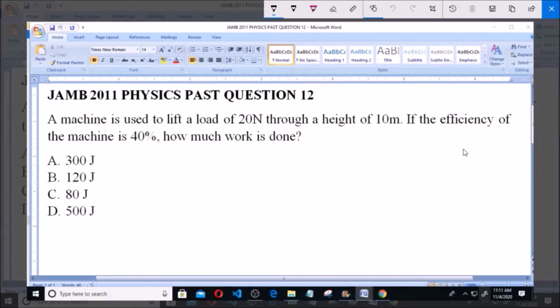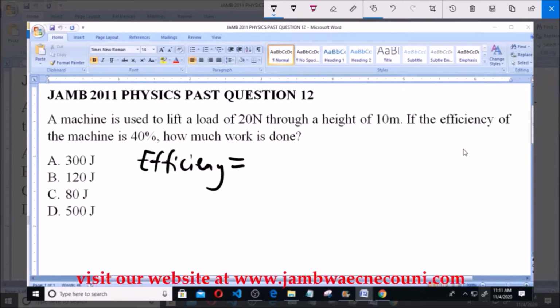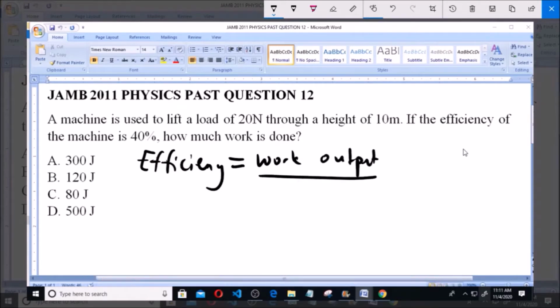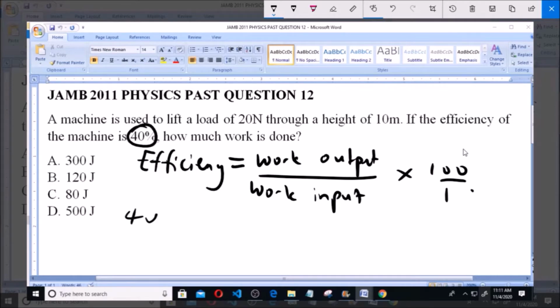So this is a question related to efficiency of a machine. And mathematically, efficiency is given as the work output divided by the work input times 100 over 1. So from the equation, we are given the efficiency as 40%, so that is 40 equal to the work output, which is 20 lifted through a height of 10, so that is 20 multiplied by 10, divided by the work input, which is what we are looking for, how much work is done.